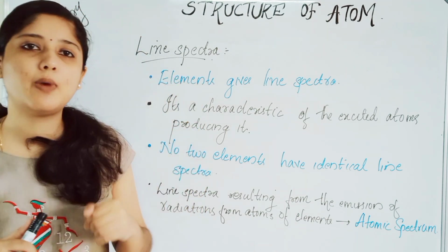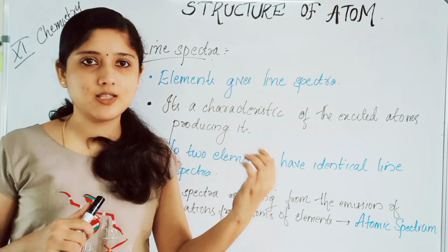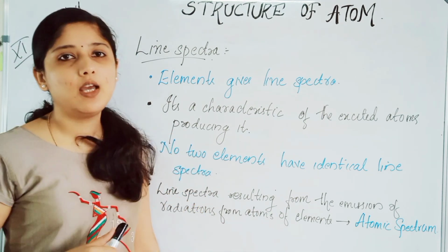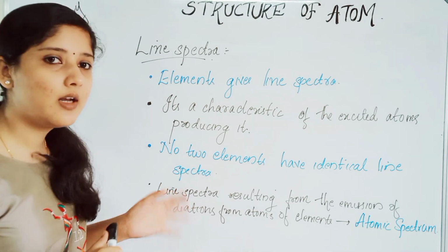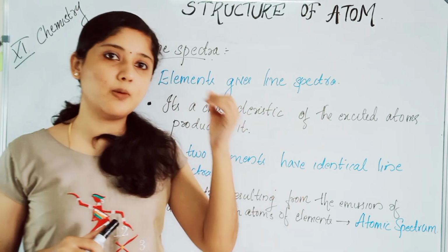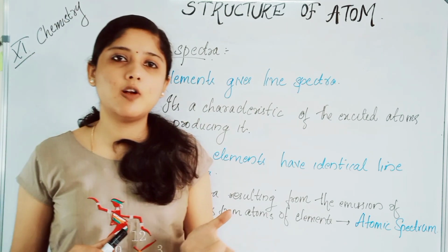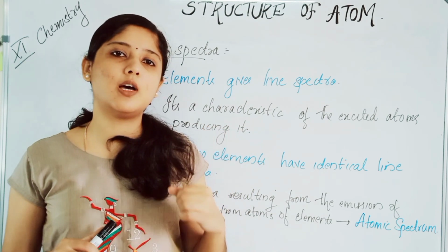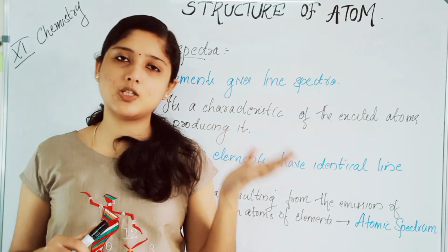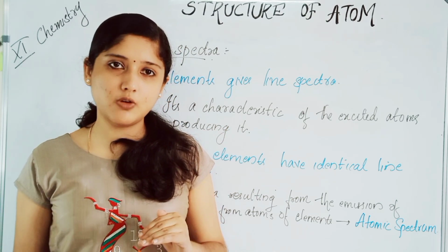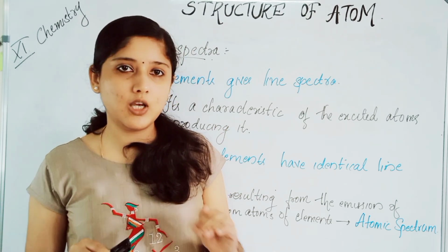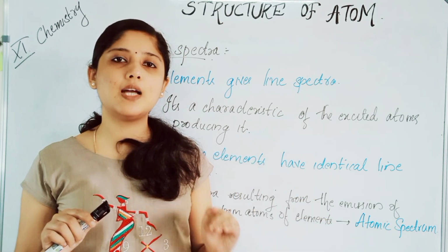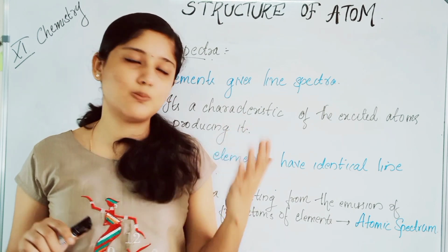Emission of radiation from atoms will result in a line spectra, and we call it atomic spectrum. Similarly, the emission of radiations from molecules will give you a band spectra, not line spectra, and that is called molecular spectrum.